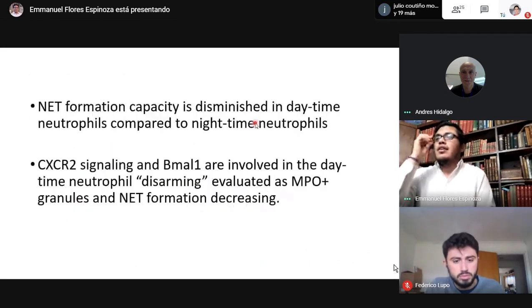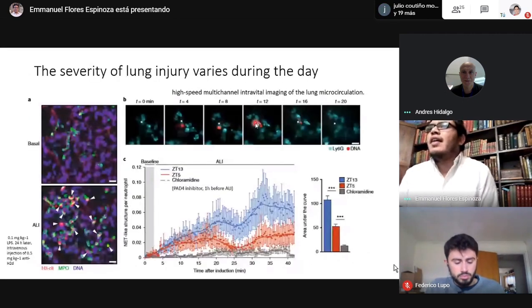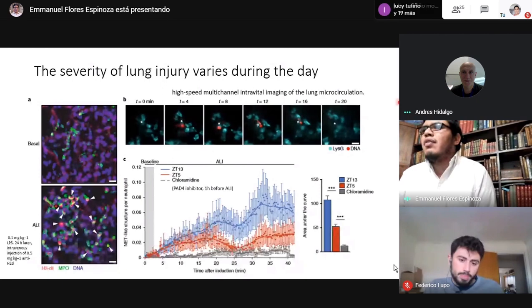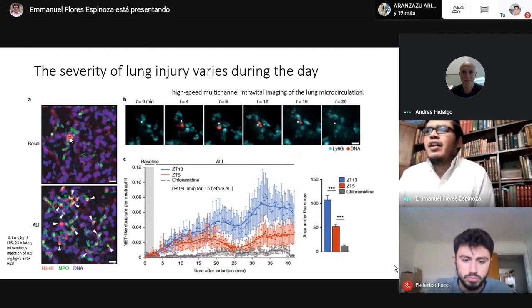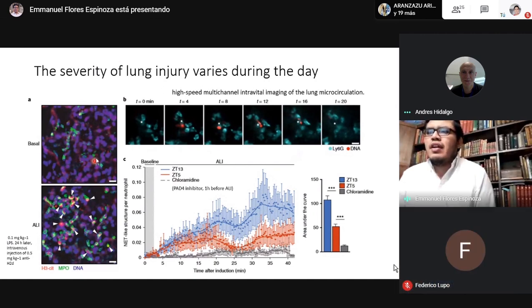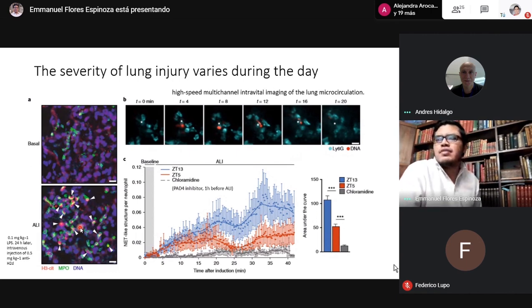Well, continuing with the paper, they wanted to evaluate the severity of lung injury driven by these neutrophils at different times of day and with different profiles. For that, they use the ALI system.